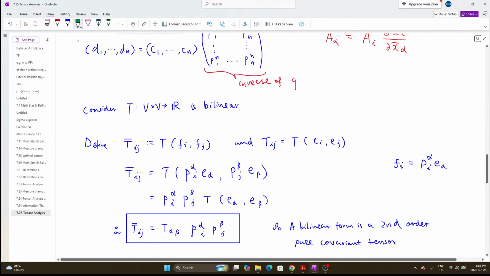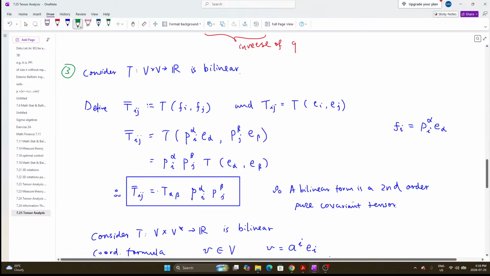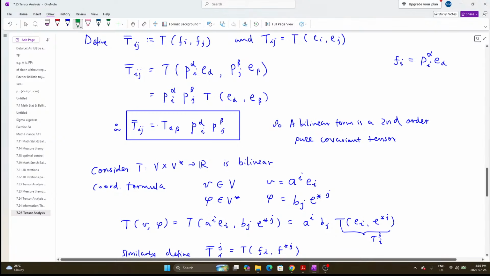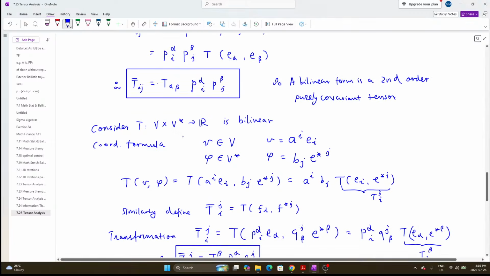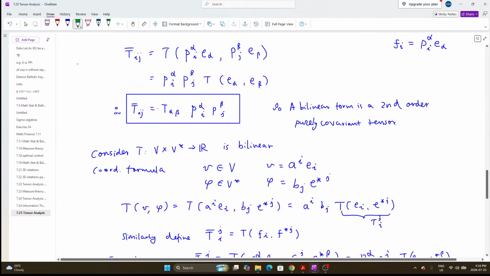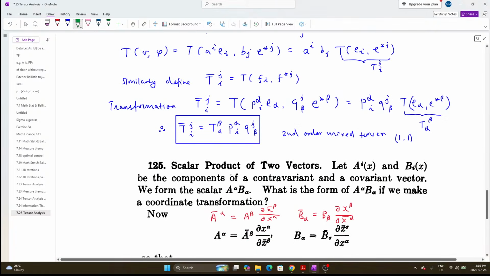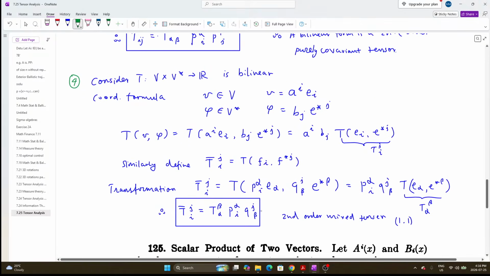Example 3, the bilinear form, leads to the transformation law of purely covariant tensors. And finally, 4, if your input is a mixture of t and t star, that gives you the mixed tensor transformation law.